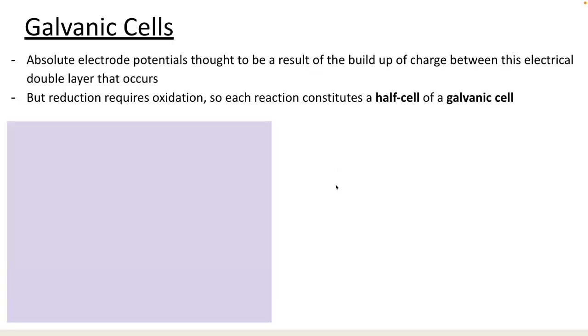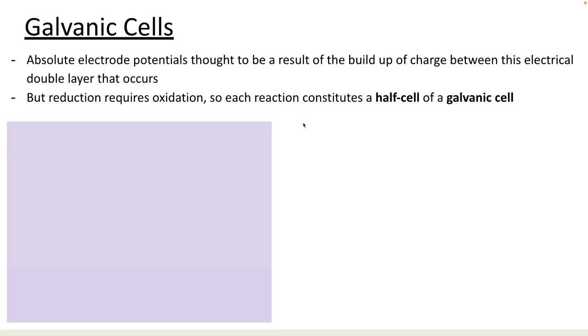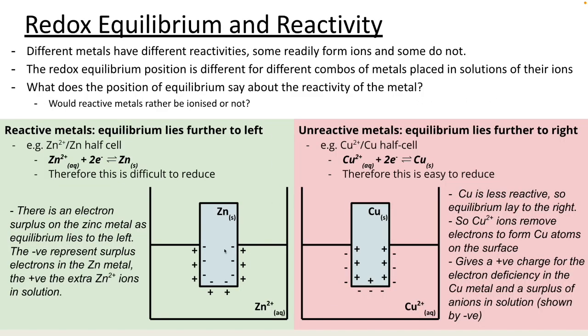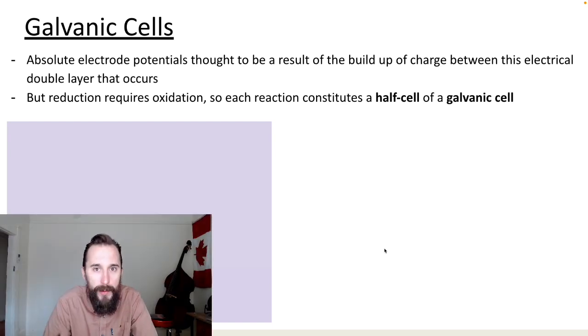So the absolute electrode potential, the amount of voltage absolutely on one of these systems, is thought to be a result of a buildup of charge in the electrical double layer that occurs between the electrode and its solution, depending on where that equilibrium position lies, as we just discussed.